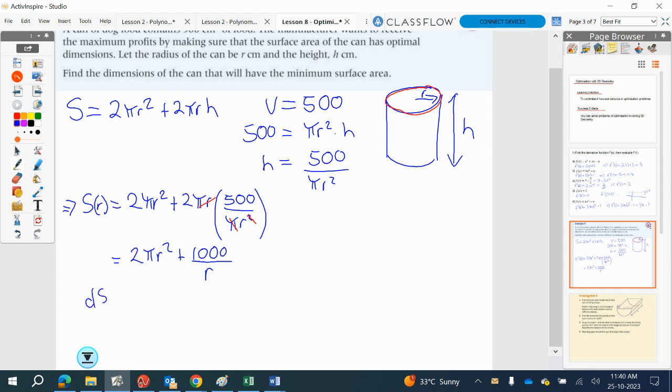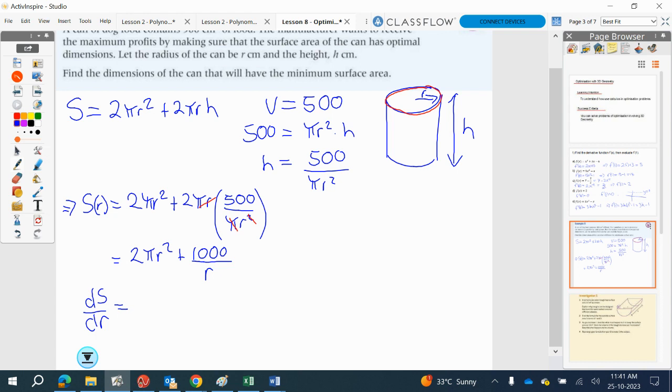Four. It's squared. We differentiate it. Oh, okay. Say what this is.